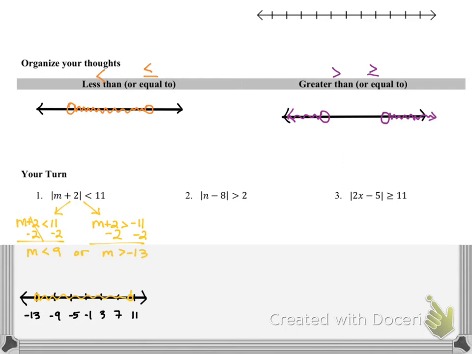So it is a range of numbers in between. Again, if you were to think about the original statement, I'm thinking of a number. The distance between a number and negative 2 is less than 11. So I just want to make sure my range is in between these two numbers.